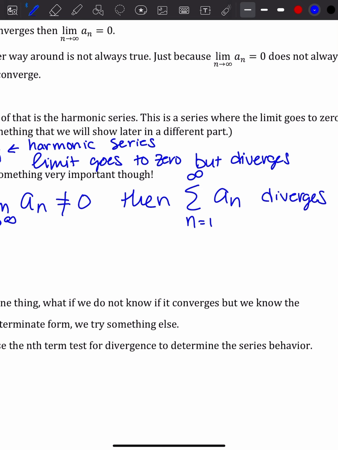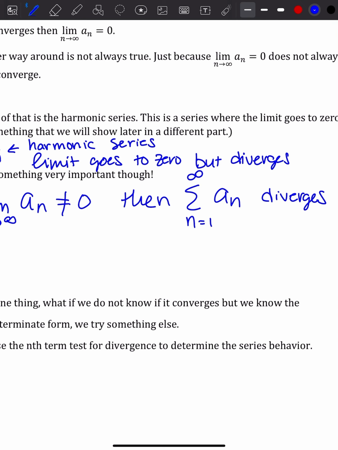As long as our terms don't go to 0, we know our series, if we keep adding stuff to it, is going to diverge. That makes sense, because if my terms don't go to 0, then it would be like adding 1 forever. It's never going to give me a solid number.